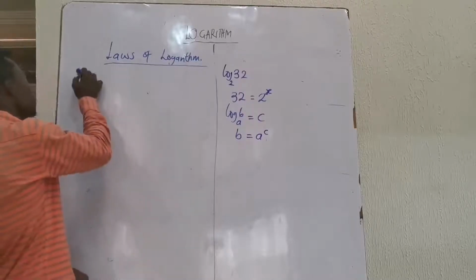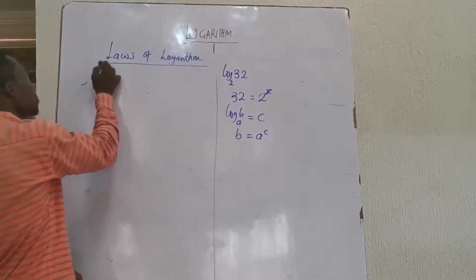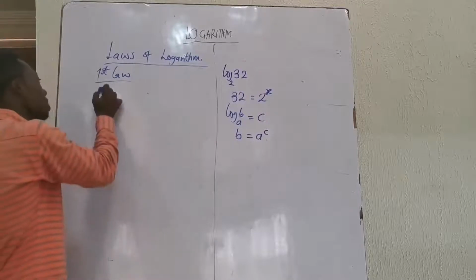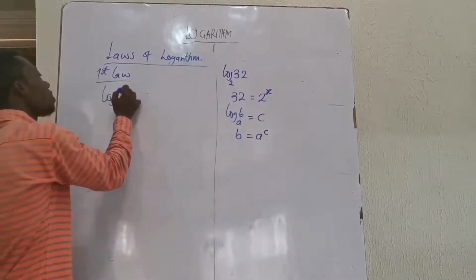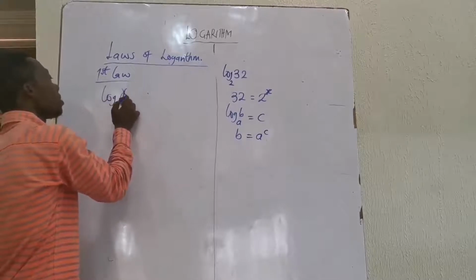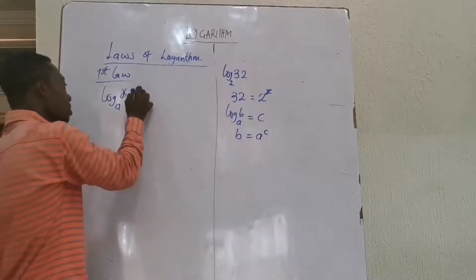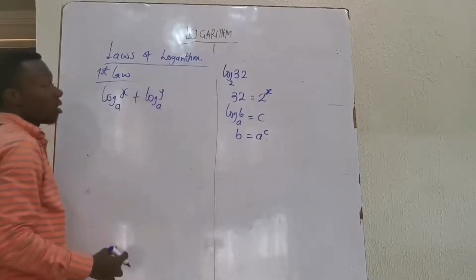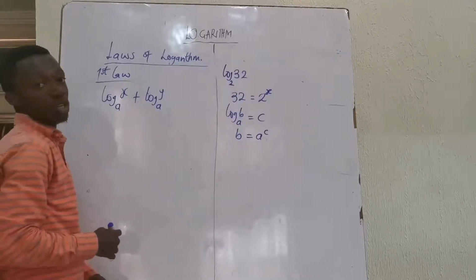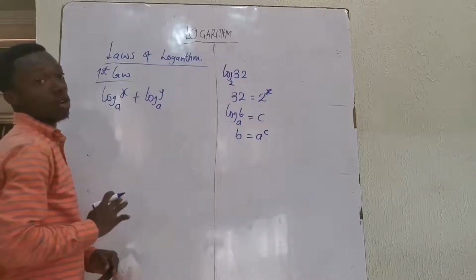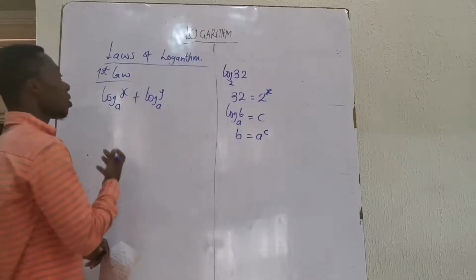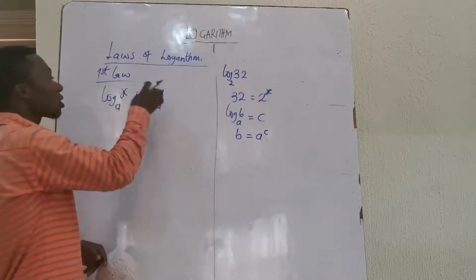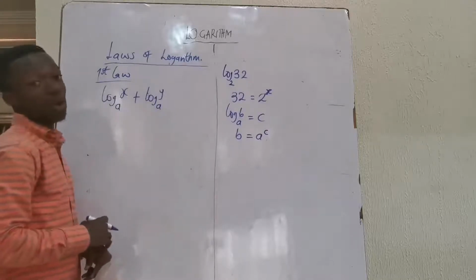The first law says that if I have log of x to the base of a plus log of y to the base of a, assuming you have just 2 logarithm terms, the law says that for addition, so far as they have equal base, I should multiply the numbers and attach the log and the base to it.